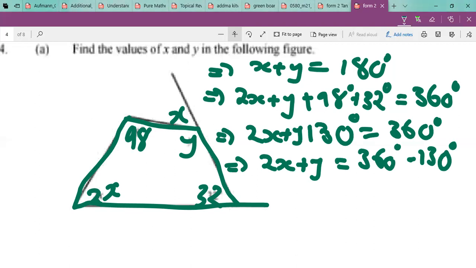All right, so when you say 360 minus 130, you're going to have 2x plus y being equal to 230.